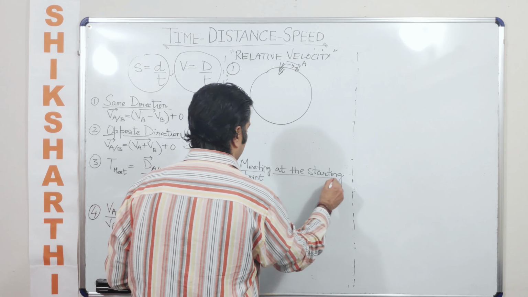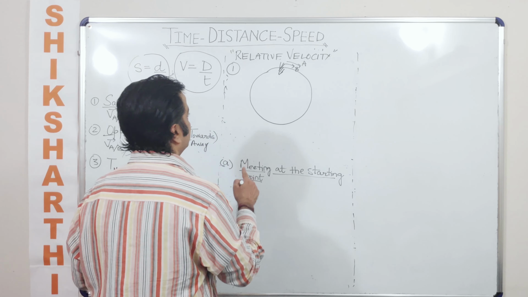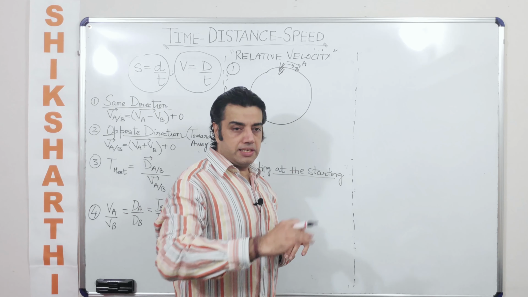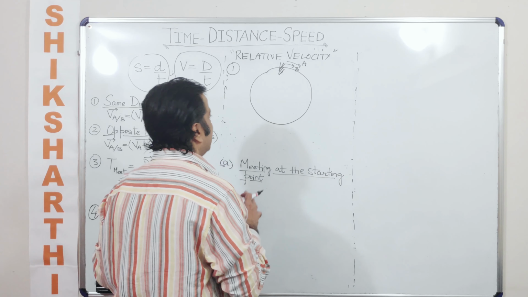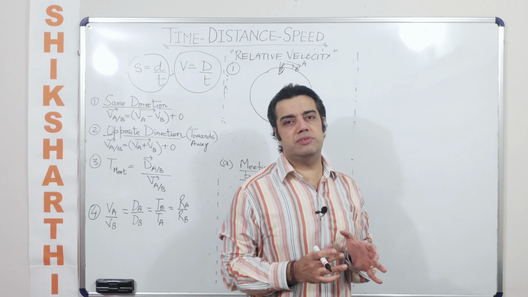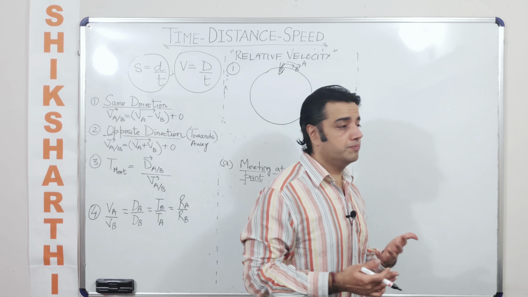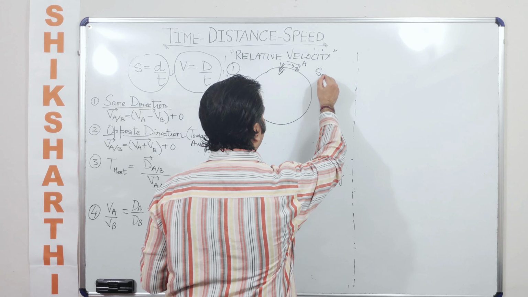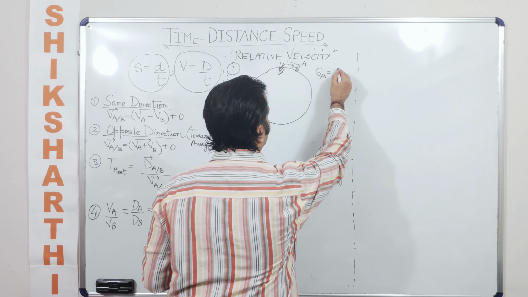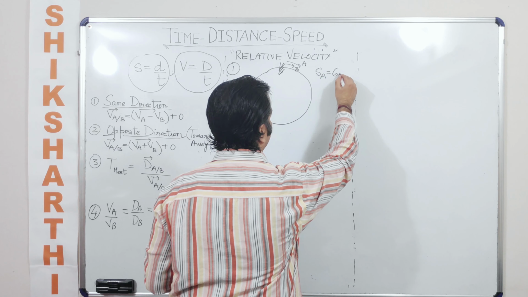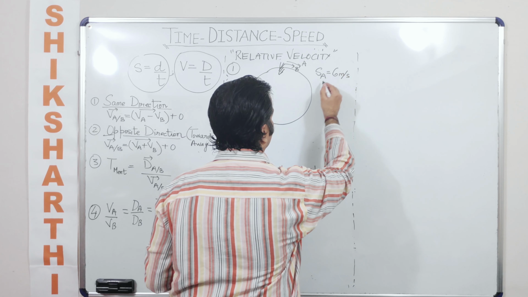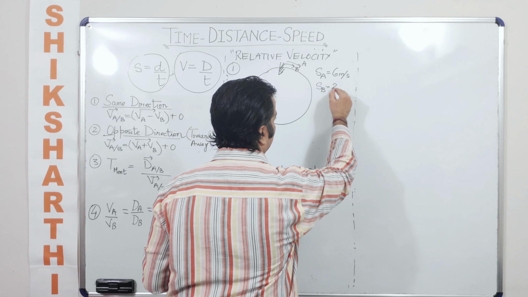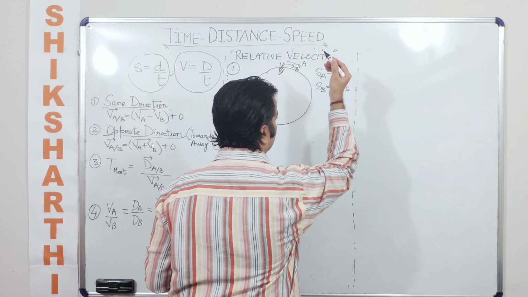I repeat, in this session we'll be focusing on two entities or two objects moving in a circular track, given the dynamics of the track. When I talk about the dynamics of the track, some piece of information will be given to you. For example, let's say the speed of A is 6 meters per second, speed of B is 2 meters per second, right?